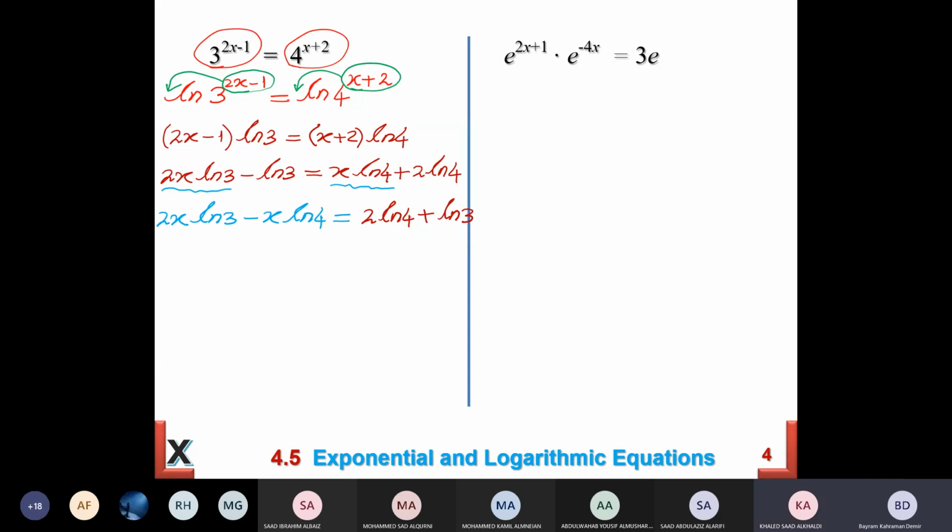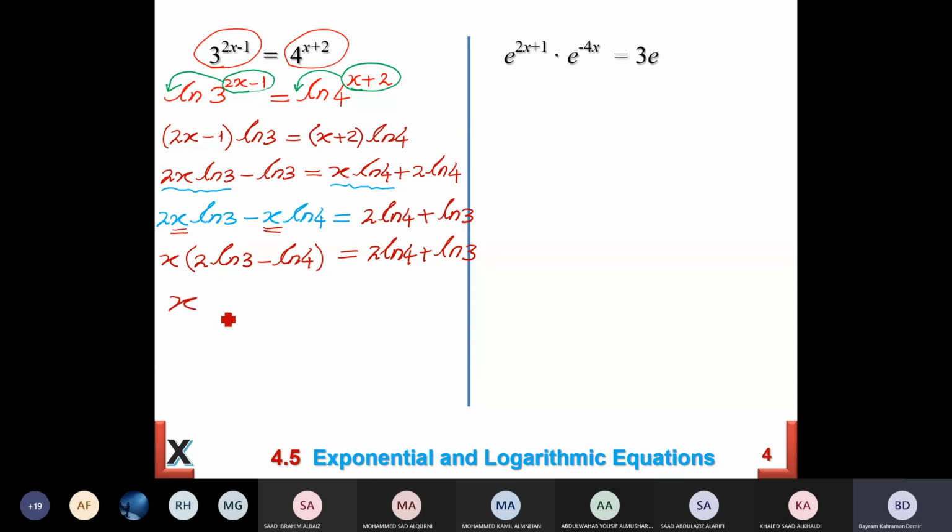All right, now x is a common factor. So we have x times (2 ln 3 minus ln 4) is equal to 2 ln 4 plus ln 3, and then divide both sides by 2 ln 3 minus ln 4.